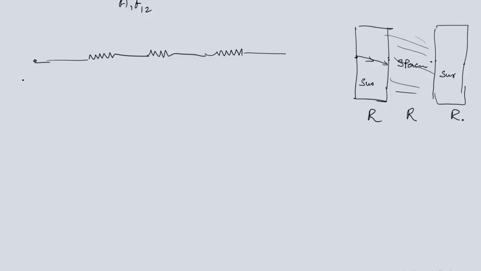So here it will be EB1, and at the junction it is J1, and here it is J2, and here it is EB2, right? This is surface resistance, this is space resistance, this is surface resistance.